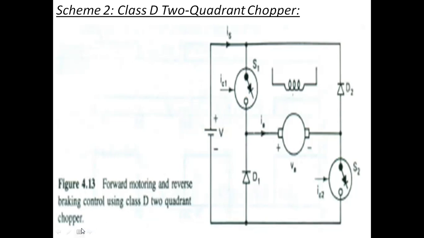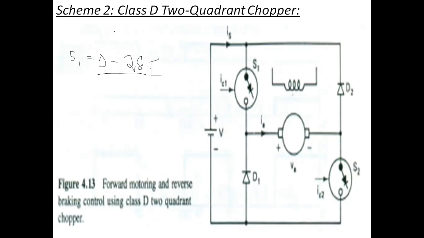So the S1 interval is from t equal to 0 to 2 delta t.